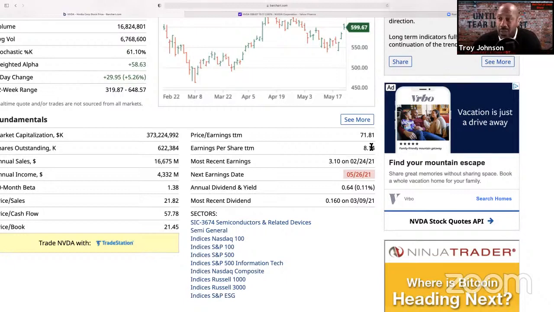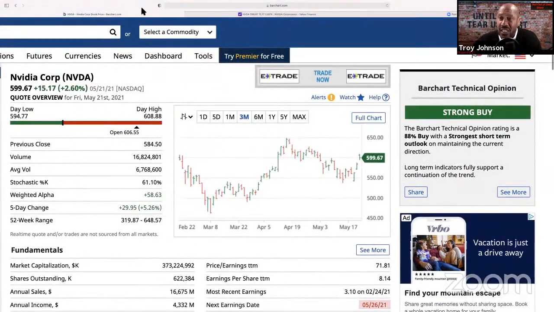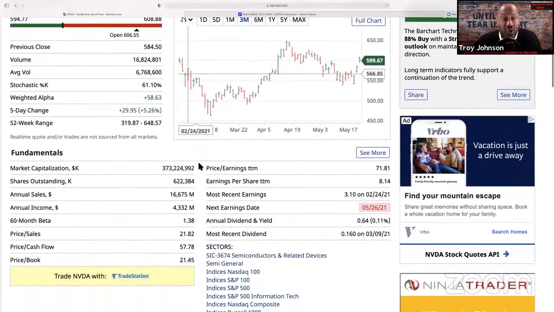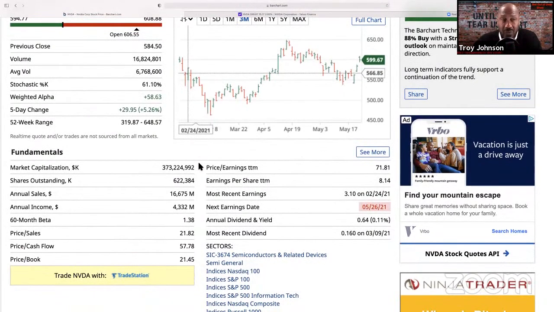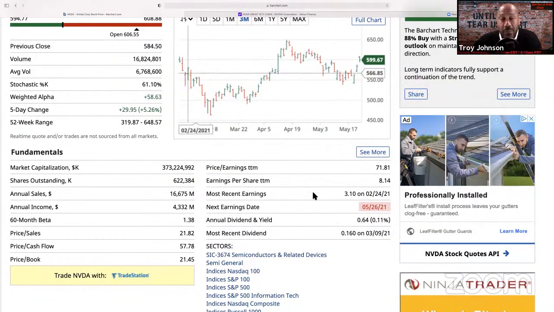So if they're growing at 22% and they will justify a higher stock price, then 2 times 22% would be a 40 PE. And so when you multiply that 40 PE times an improved earnings per share, that's how you're going to get your new price.